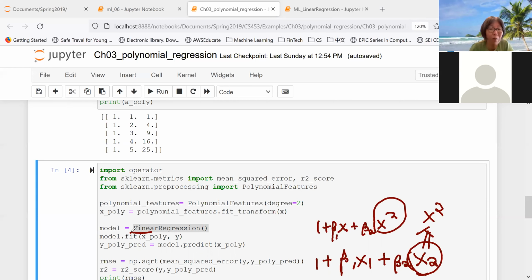It's just a linear regression regarding multiple variables, a multivariate linear regression. That's why here we can still use it.